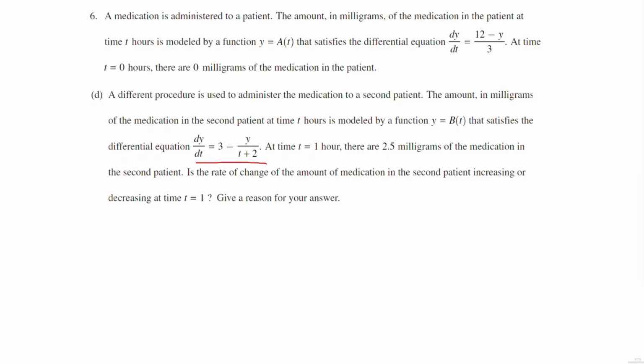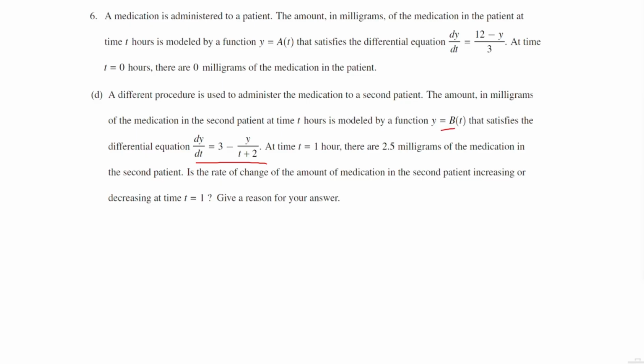And it says at t equals 1 hour, we've got 2.5 milligrams of medication in the patient. And we want to know, is the rate of change of the amount of medication in the second patient increasing or decreasing? And so this is where you've kind of got to be careful about the wording.